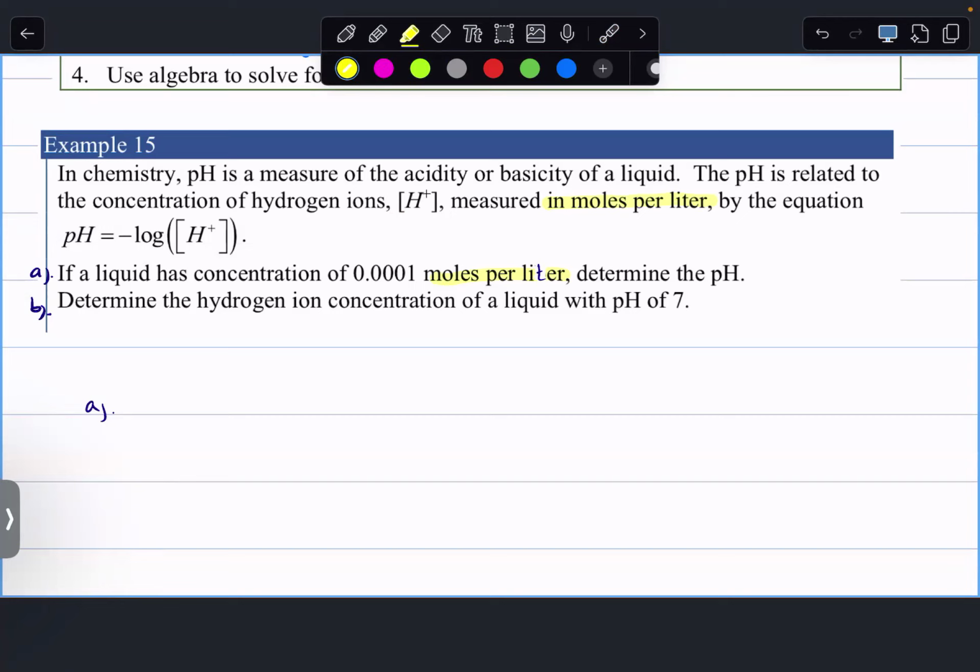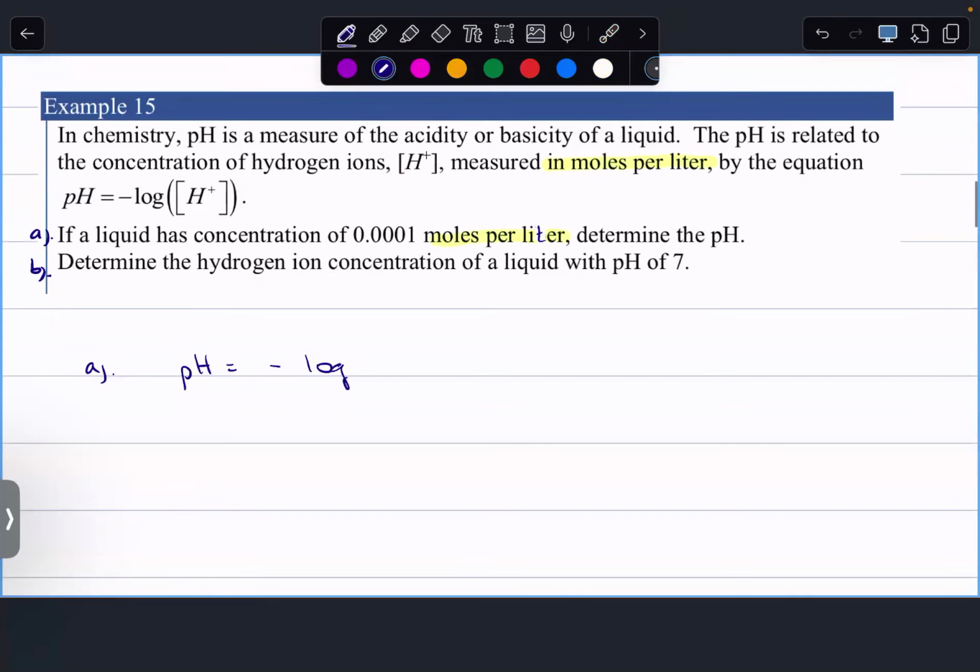So the pH is the negative log base 10 of 0.0001. If it doesn't indicate and it's written as log, it's log base 10. We can solve this without a calculator, right?